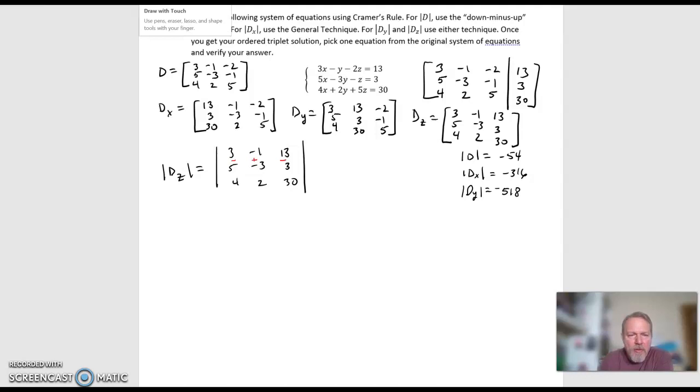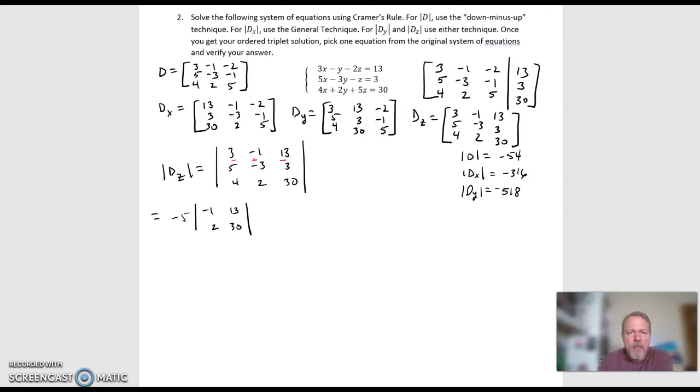I'm going to go a little faster this time. So I'm not going to do the cover-ups. I'm going to let you discover those yourself. But it's a negative 5 times parentheses. When I cover those up, I'm left with the determinant of negative 1, 13, 2, 30.